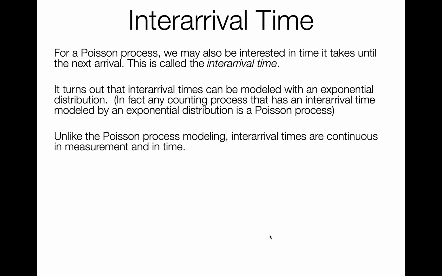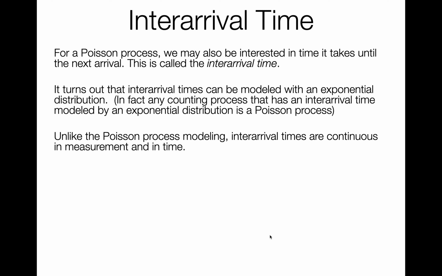If you remember, we had two things that we were looking at: whether the random variable we were measuring was discrete or continuous, and whether the time was discrete or continuous. In this case, we have both continuous measurements and time, because the random variable, what we're looking for, is actually time now.